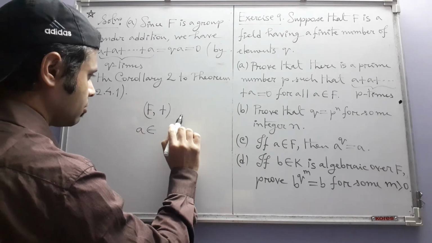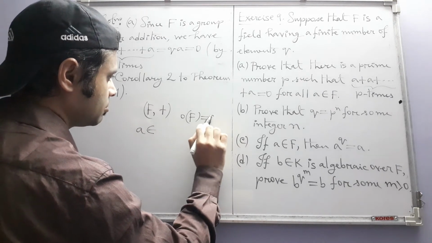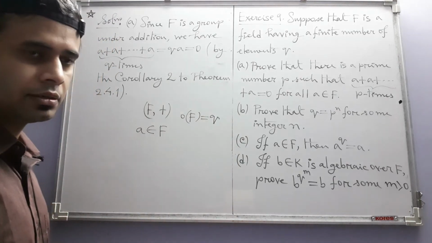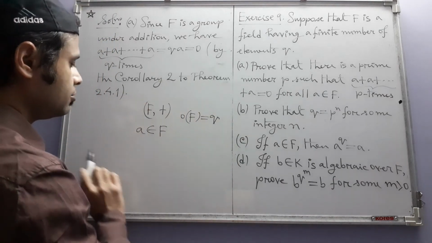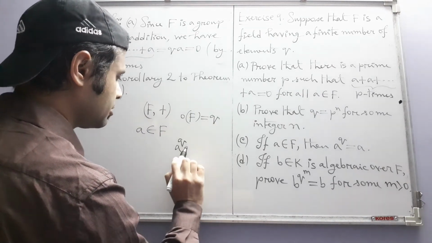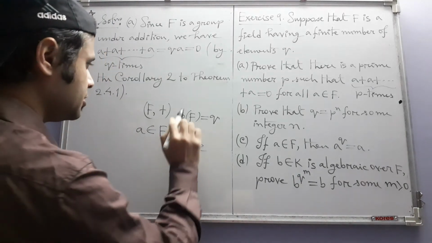The order of this group is Q. So if we take any group element, then this corollary to theorem 241 implies a to the power q is identity.